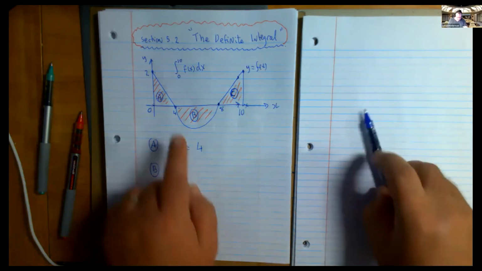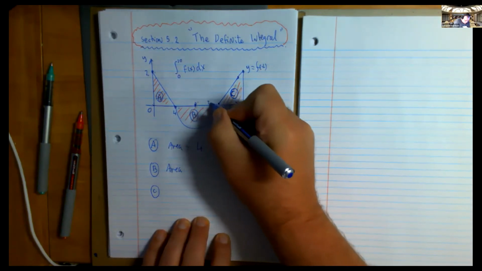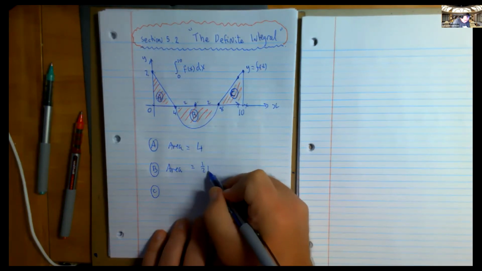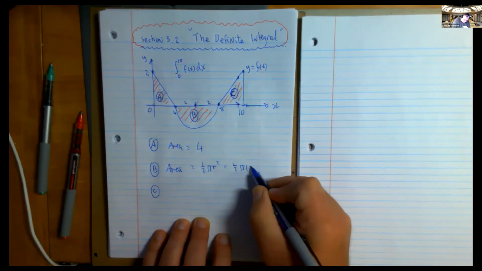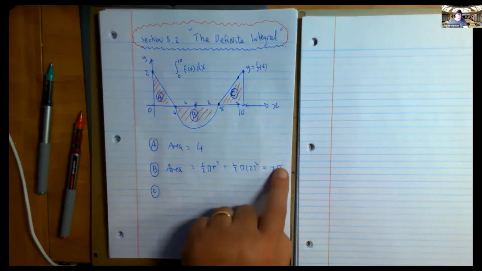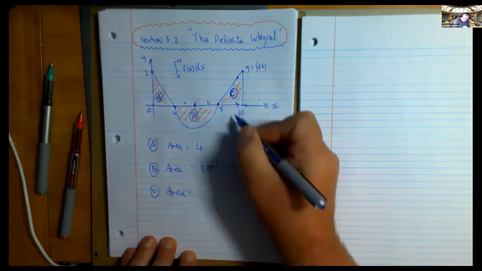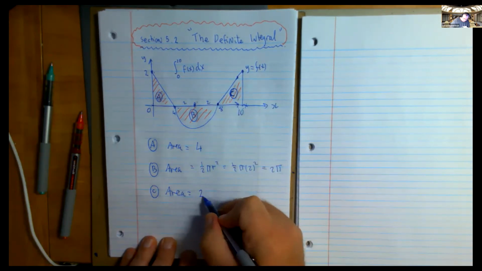You're all comfortable with that, from there to there is 4, so from there to there is 2, to either side. So the area of this is half a circle, which is half of pi times 2 squared, which ends up being 2 pi. And I'm coming back to that in a moment. And then the area of C, this fella is just 2 by 2, and half of 2 by 2 is 2.